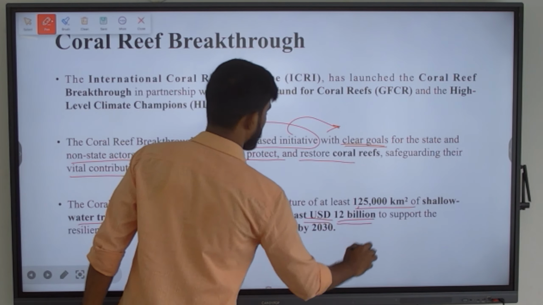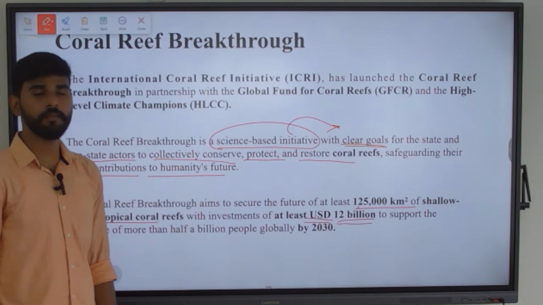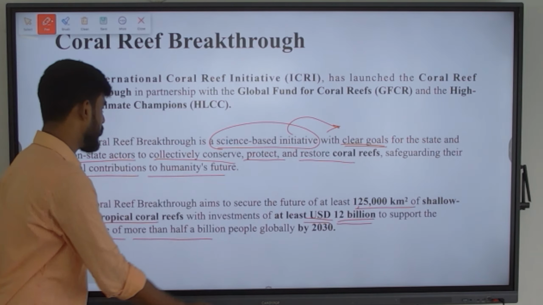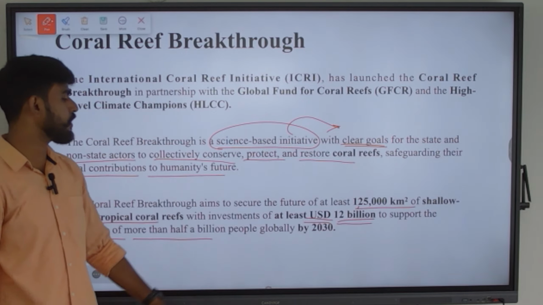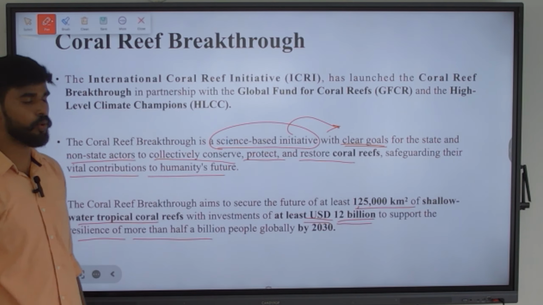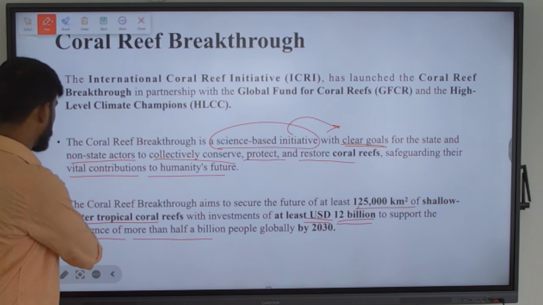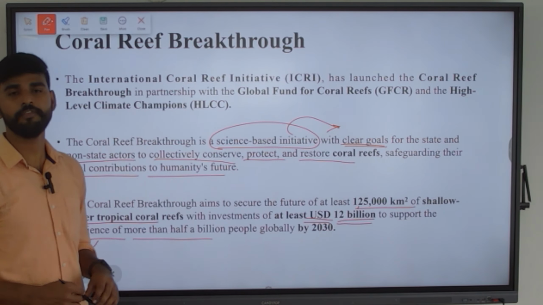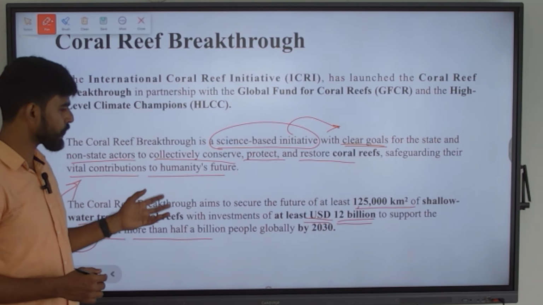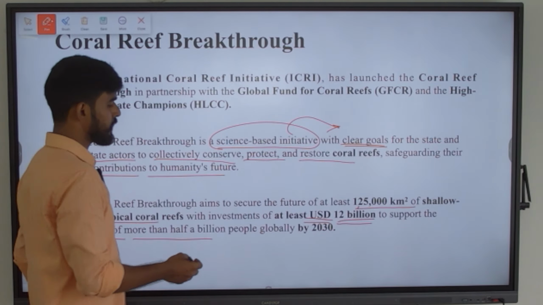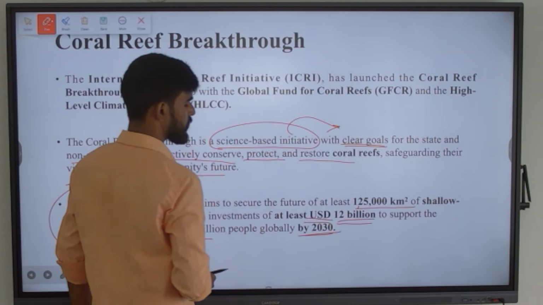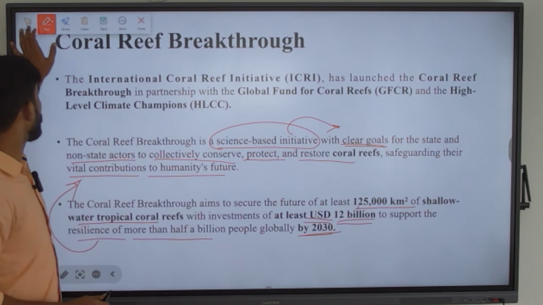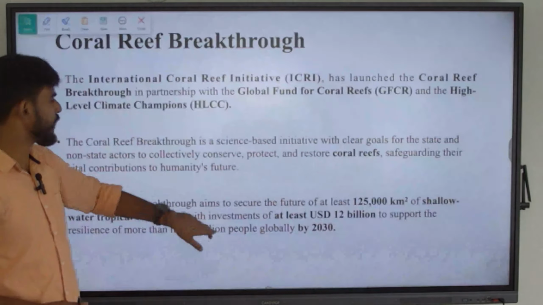This will support the resilience of more than 500 million people globally by 2030. So Coral Reef Breakthrough is directly related to the resilience of human beings, and the target year is 2030. All these details we need to know.